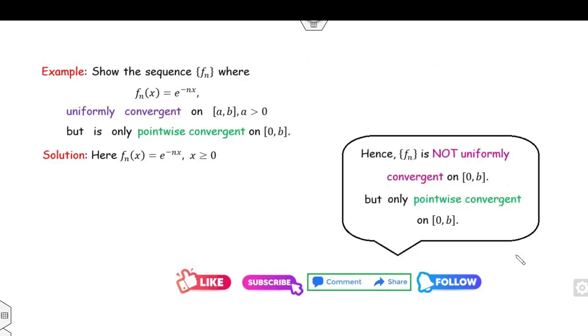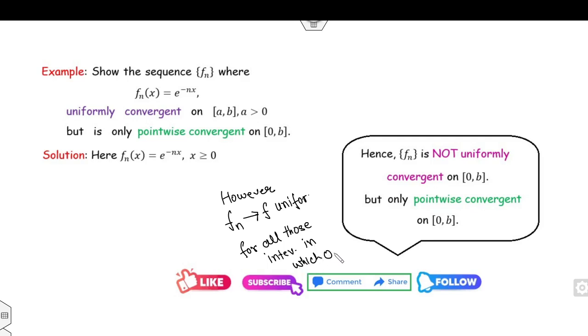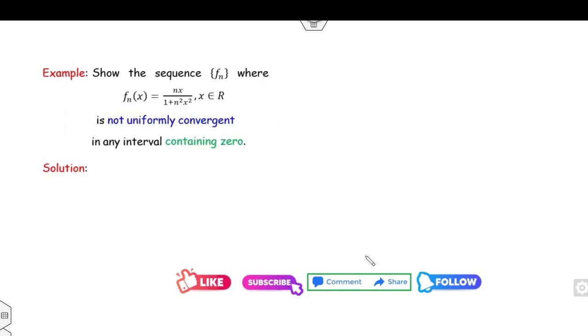So therefore, the function is not uniformly convergent on the closed interval 0 comma b. However, you can also say the function f_n converges to f uniformly for all those intervals in which 0 does not belong. Look at the third example.